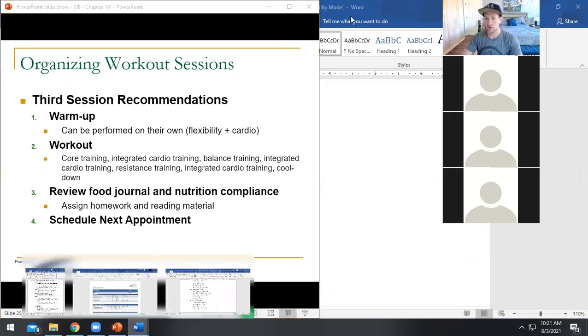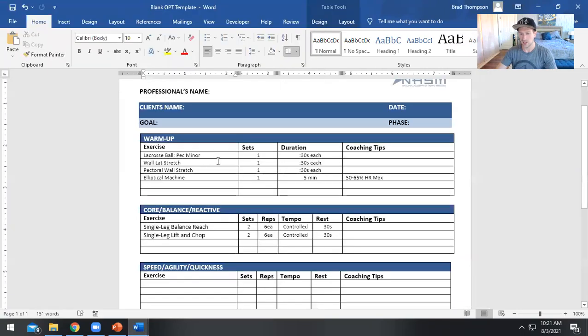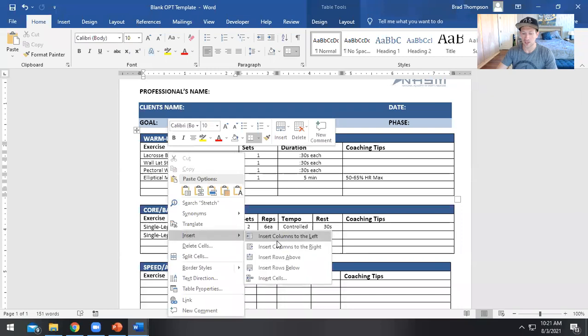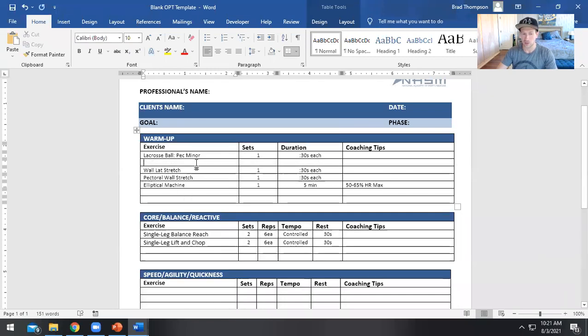So your first session was only 2 stretching techniques. Well, now it's like, all right, we did the lacrosse ball and let's do the tiger tail, right? Let's get them both in there now. Let's get the lower body and the upper body. So we insert a row above, we go with tiger tail on the calf.